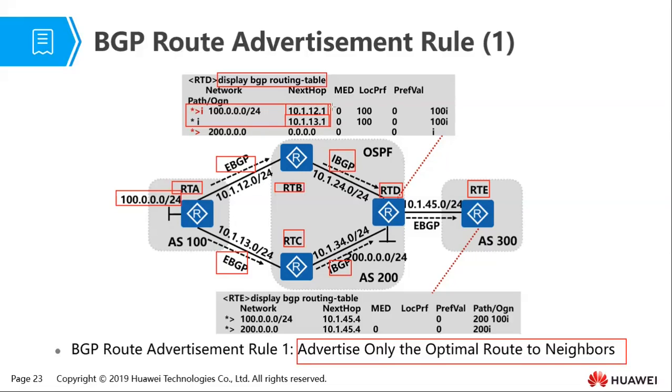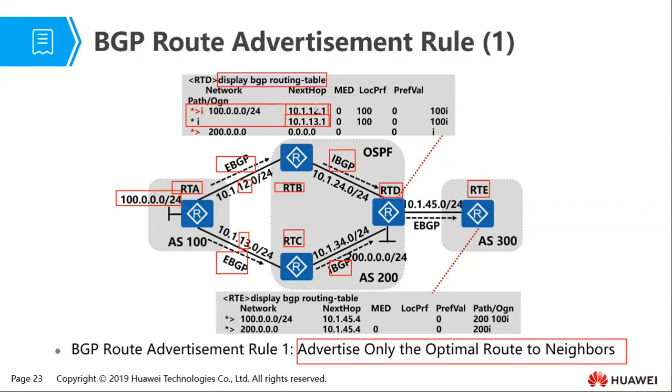So 12.1 simply means it has learned it through RTB, because RTB is the one that is connected via network 1.2. 13.1 means it has learned that route via RTC, because RTC is the one that is interconnected via that particular network 1.3. So I hope that is clear.